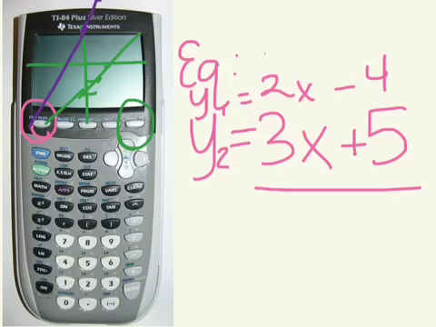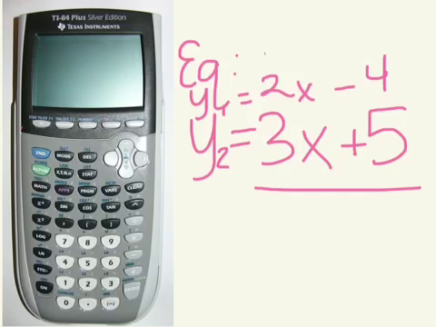Okay, so I have 2 lines that are on my graph, and there's actually a way to find their exact intersection on the graph. So what we're going to click, and it shows on your paper, is you click second. Let me erase this so you can see. Click the second key, the blue key, and click calc, which is also trace.